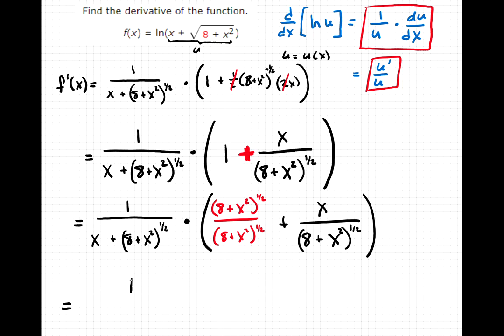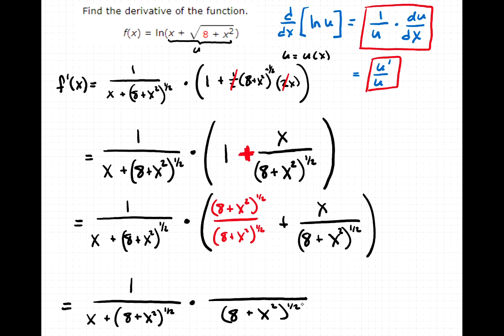Okay, so that's 1 over x plus 8 plus x squared to the 1/2 power times, we've got 8 plus x squared to the 1/2 on the bottom, and on the top we've got 8 plus x squared to the 1/2 plus x.